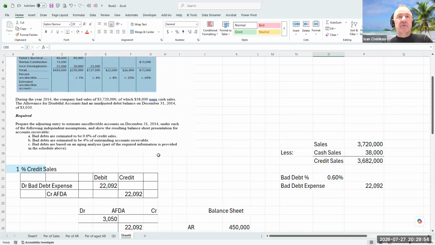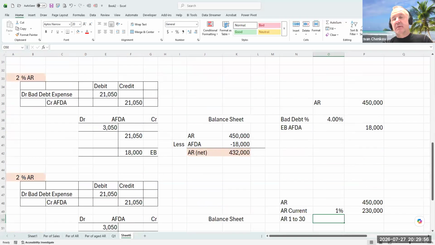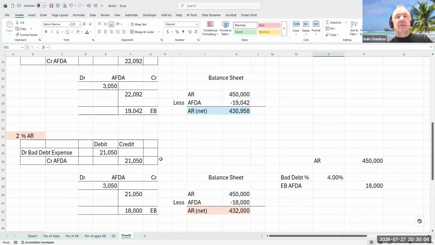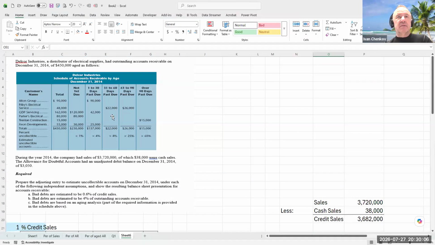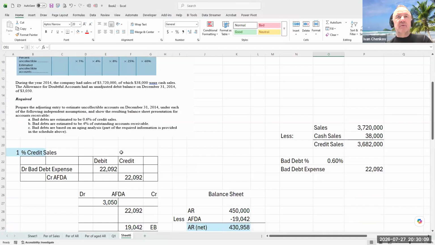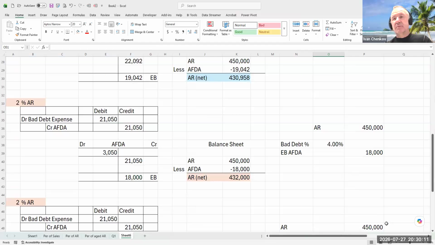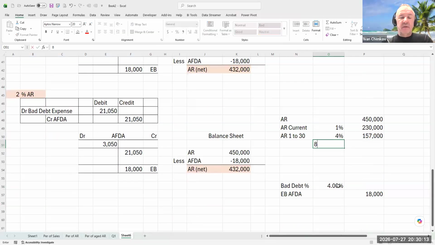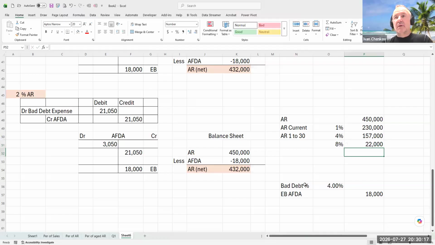The percentage for that one is 4%, and the amount is 153,000. Let's put the percentage here, 4%. Then the next one is 31 to 60 days, 8%, and the amount is 22,000.